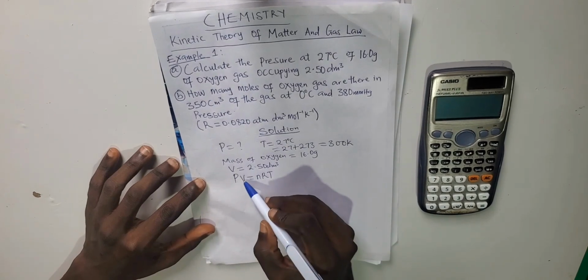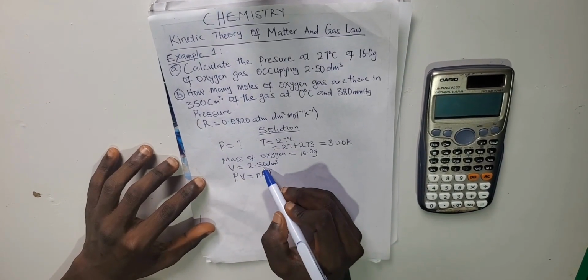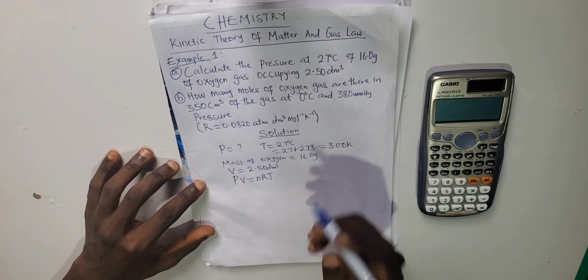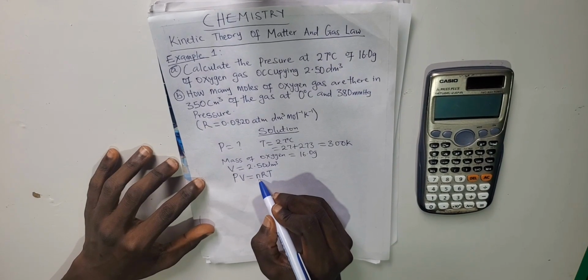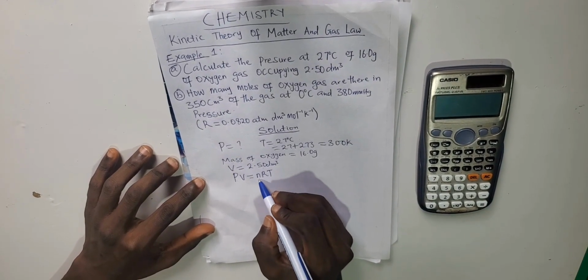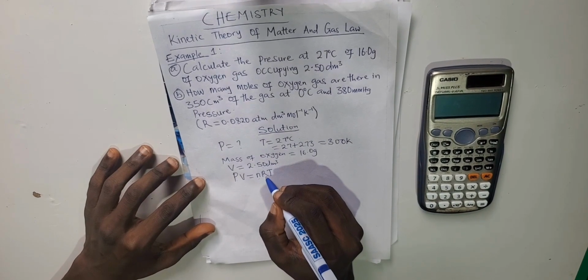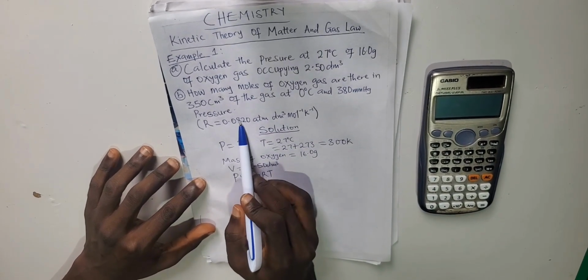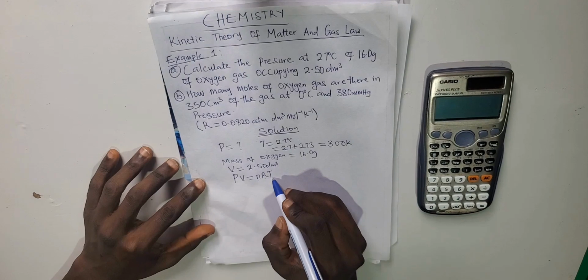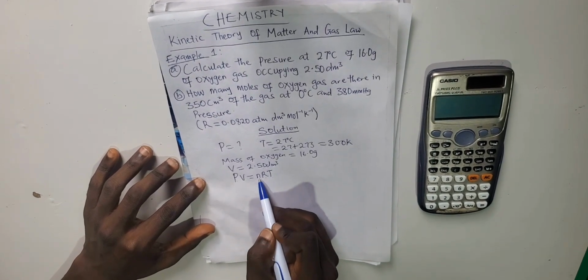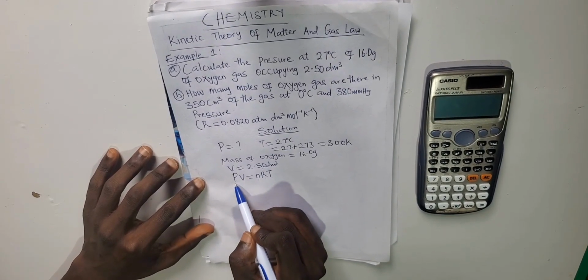The volume is given, which is 2.50 dm cube. The mole is not given, so we need to calculate mole. The gas constant, R, is given, and the temperature is given, so we need to calculate the mole before we can calculate the pressure.